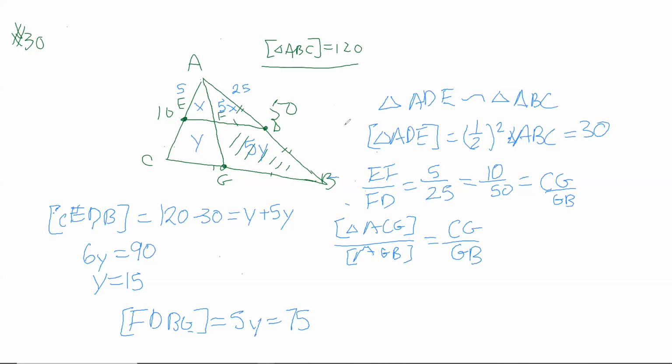A midpoint divides the area into 1 to 2, the smaller one and the bigger one, and depending on the altitude, you could also do a 1 to 1.